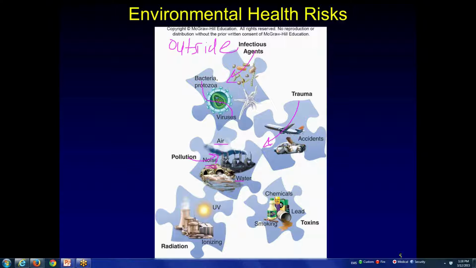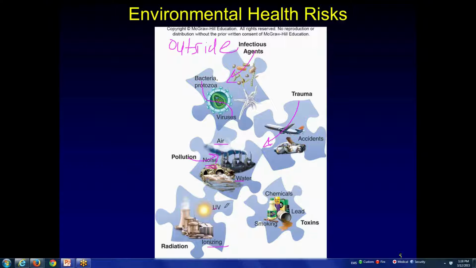How in the world could light pollution affect your health? Well, let's say you're in a city where it's always bright, lots of lights on. You may not sleep as well. If you don't sleep as well, not sleeping as well can actually cause heart disease. There have been a lot of studies showing correlations between poor sleep and heart disease. So, yeah, even light pollution could affect your health.